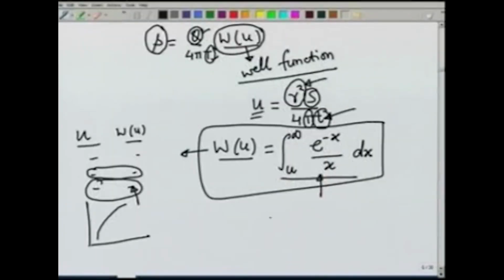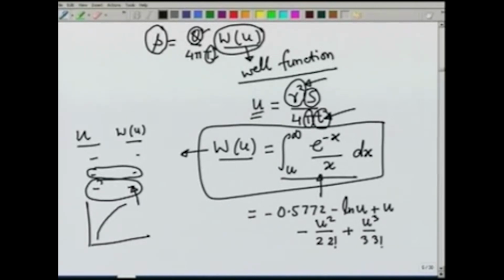If you look at this expansion of the exponential function, we can expand W(u) in terms of an infinite series, and that series is written as minus 0.5772 minus ln u plus u. So, if we do term by term, minus u squared over 2 factorial 2 plus u cubed over 3 factorial 3 and so on.